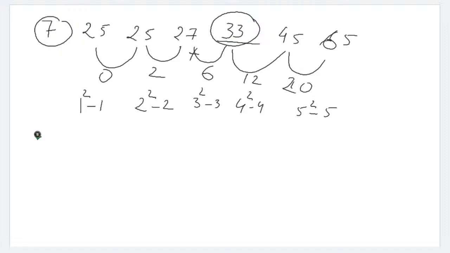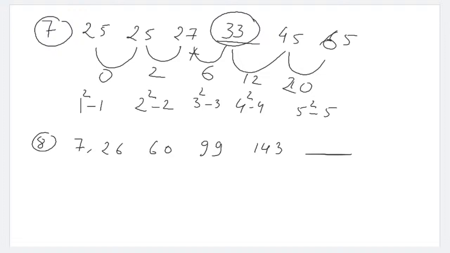Question number 8. 7, 26, 60, 99, 143, dash. Question number 8 in front of you. Directly by looking at the question, we will not come to anything. So first thing first, we will find the difference.